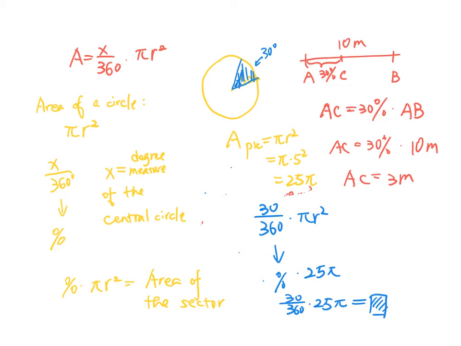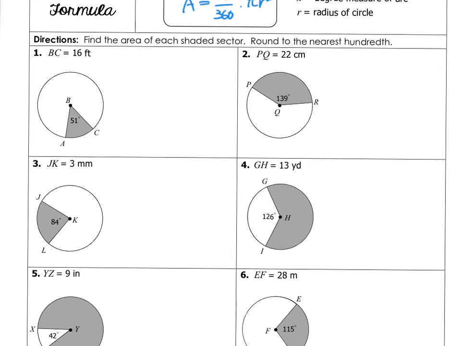Okay, so let's now go back to some of the practices. I'll demonstrate a couple of these, and the rest of it, you can do on your own. So again, read the question first. You're asked to find the area of the shaded sector. So we want the central angle over 360 and then pi r squared.